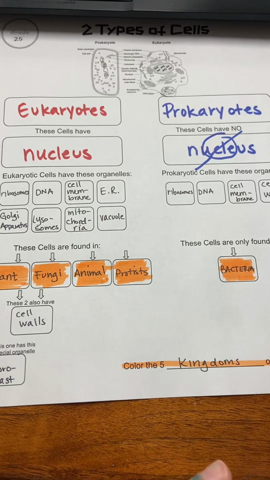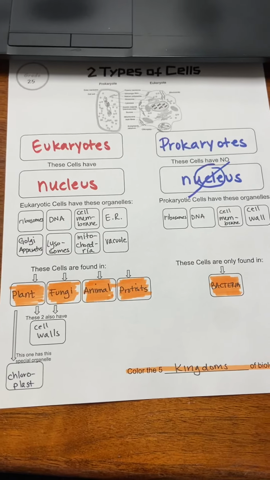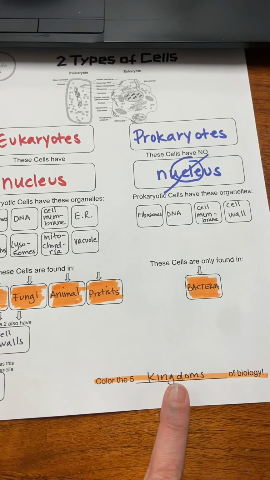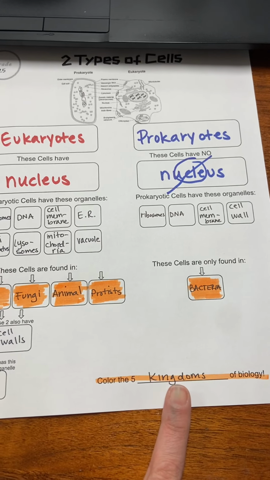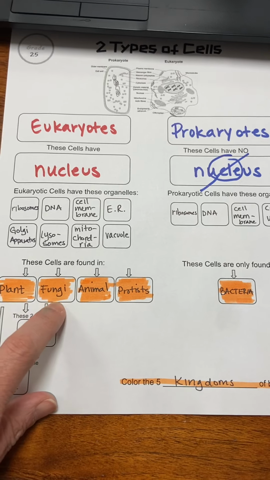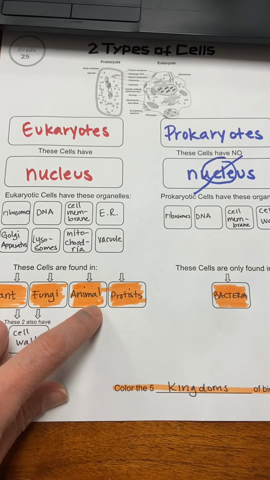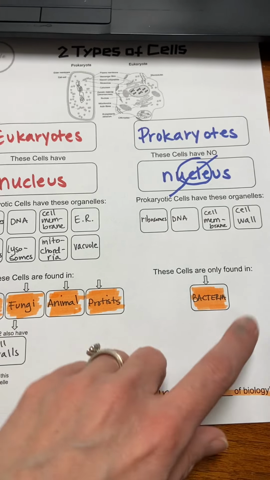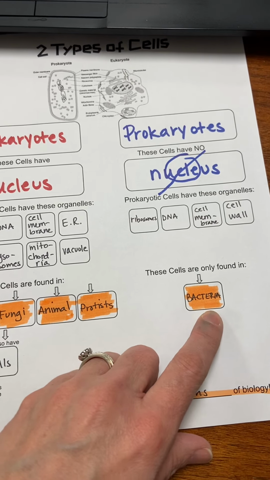So we have all kinds of different ways to classify living things. But the biggest one is kingdoms. There's 5 kingdoms in biology. They are plant kingdom, fungi kingdom, animal kingdom, protist kingdom, and bacteria kingdom.